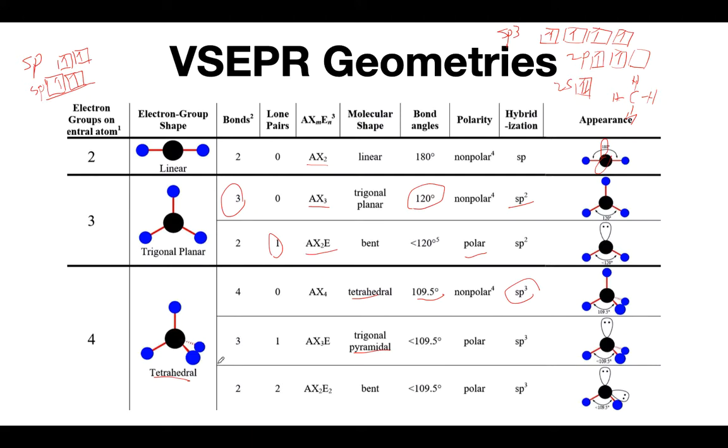Now, if there are 2 lone pairs, we call this AX2E2. So this will be a bent structure, like in the case of water. This is the case of ammonia, right? So you see this case is also less than 109.5. We mentioned 104.5 actually.